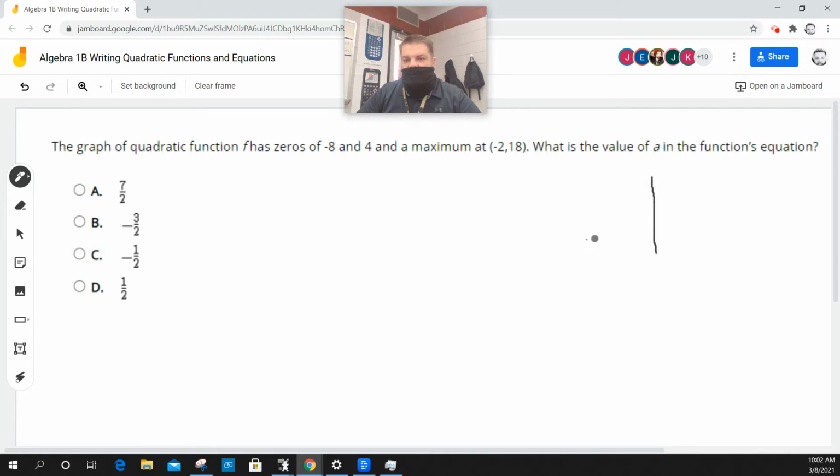I have a graph that looks like this. My maximum is somewhere up here, -2 comma 18. I have a 0 way over here at -8, and then I have a 0 over here at +4.